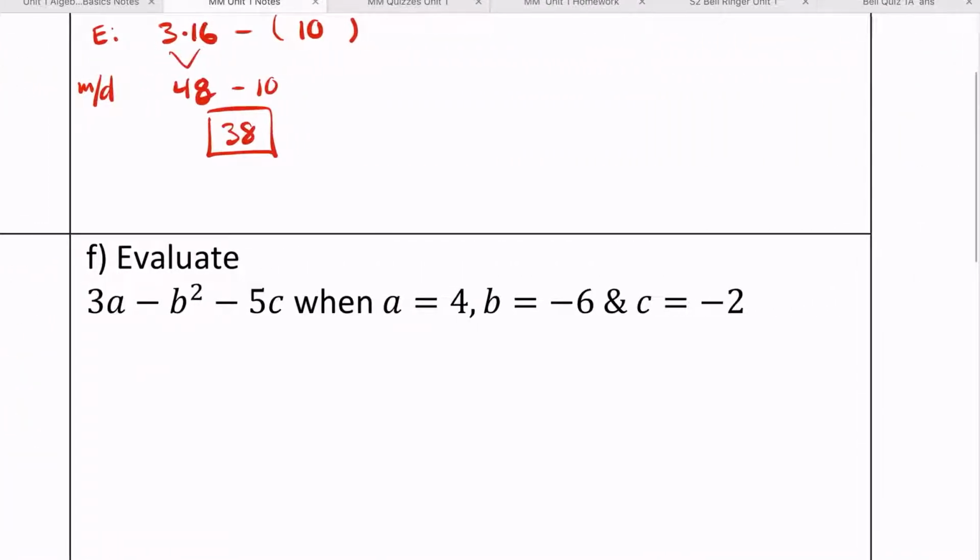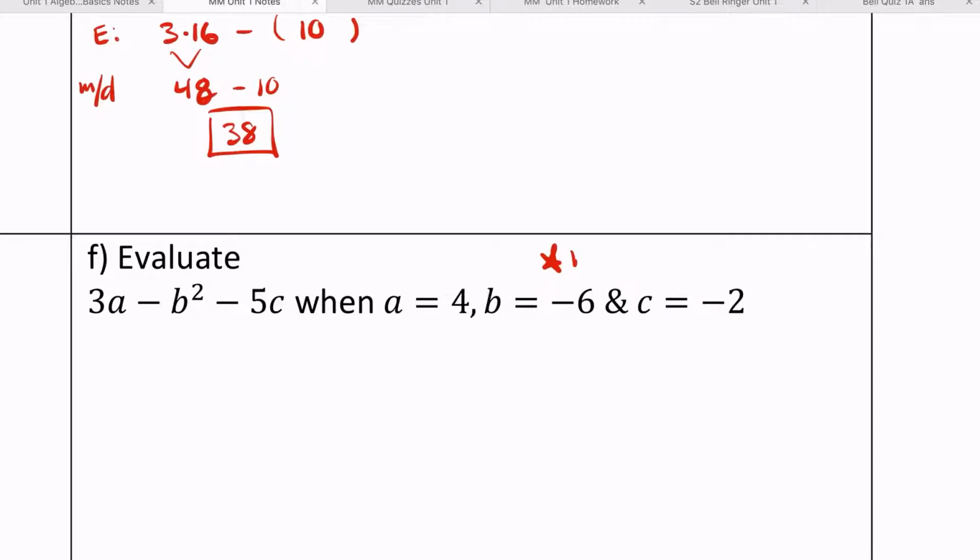All right, evaluate this. Okay, one thing you need to know is that whenever you have a negative number, it needs to be in a parenthesis. Okay, so for example, this one we'll plug in our variables. A is 4 minus b squared.